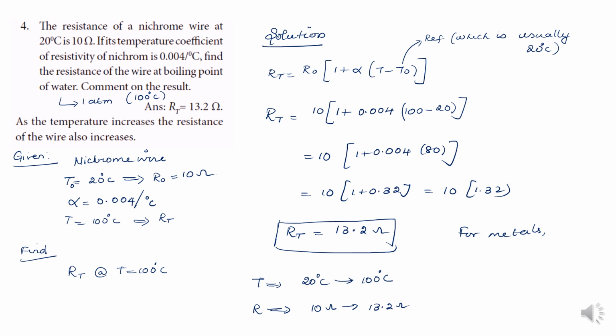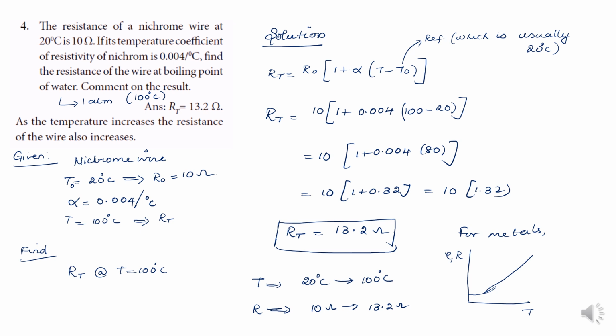That means the graph between resistance or resistivity and temperature is a linear variation, positive. So for metals, see, you are asked to comment on the result. What do you comment? See, it is not just like that. You can't just solve, find the answer and go. You are asked to comment on the result.